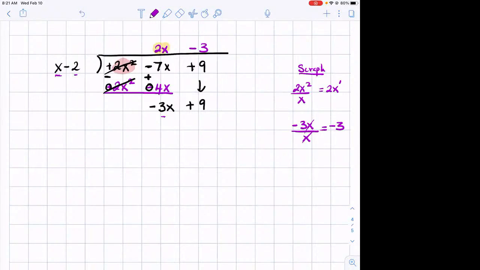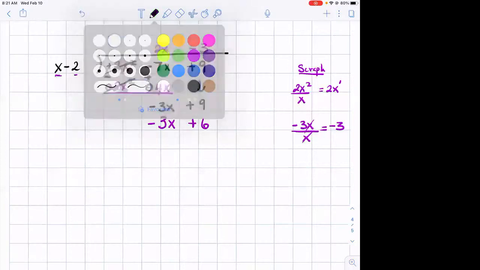And then we do the same thing. Minus 3 times x and then minus 3 times negative 2. So minus 3 times x gives me minus 3x, and minus 3 times negative 2 gives me plus 6. Now don't forget, we have to change those signs.